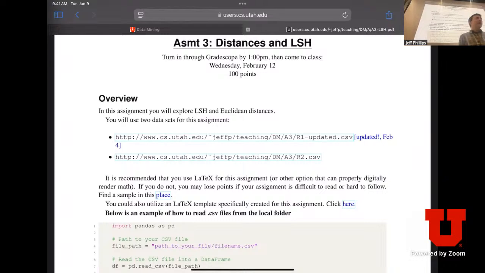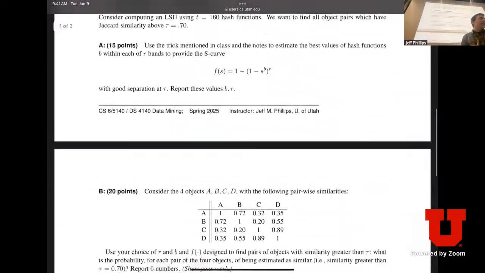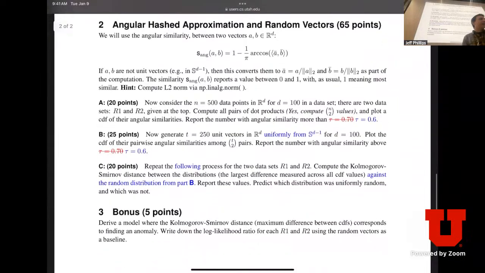One, we updated the first data set. So if you used it as of February 4th, it's now called R1-updated. If you have the old one, you should use the updated one. And then the second question had some other changes. I'm going to ask you to look at the threshold 0.6 instead of 0.7.